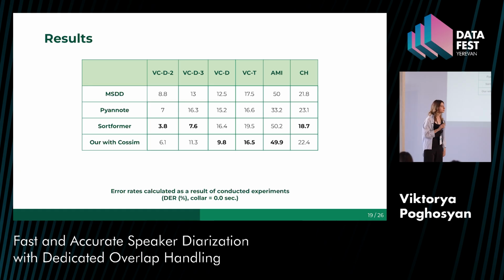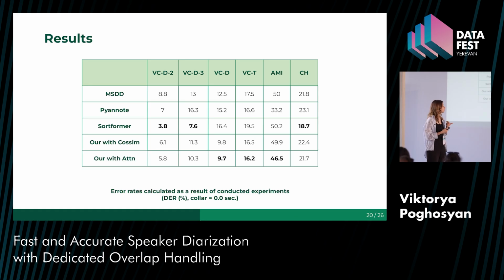And this slide is our results using cosine similarity score. We compare our system with NeMo MSDD, SortFormer, and PyAnnote, which are open source tools for diarization. And we obtained better results compared with MSDD and PyAnnote, and comparable results compared with SortFormer, which is the best open source solution up to 4 speakers.